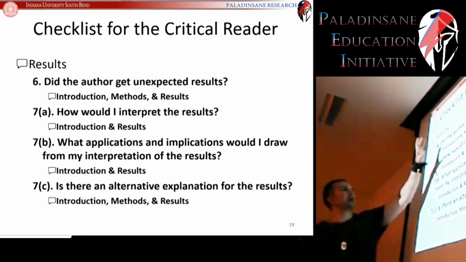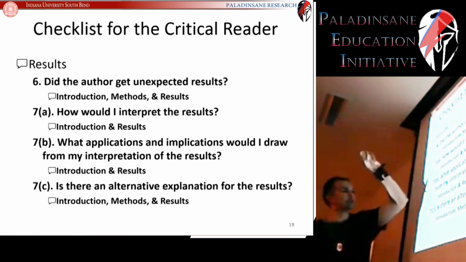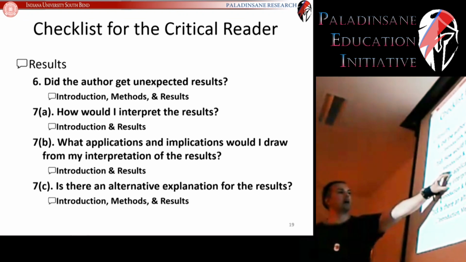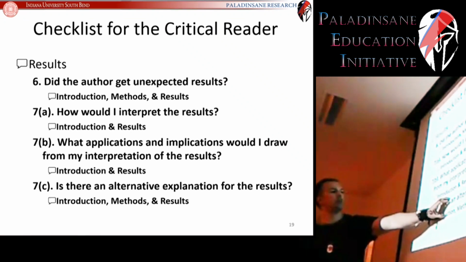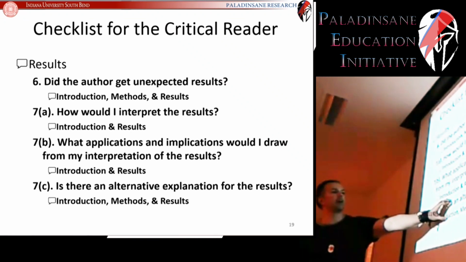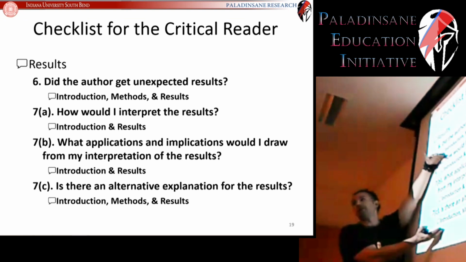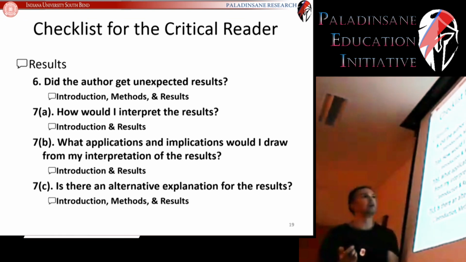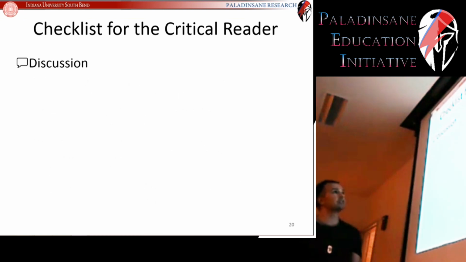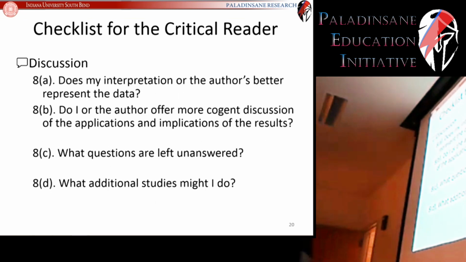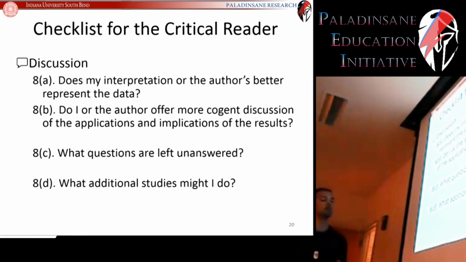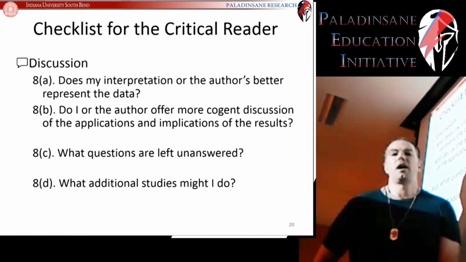And then once you figure out how you would interpret the results, how you would do the applications and implications, how you might identify alternative explanations, basically, when you decide how you would write the discussion section for this paper, then you can go read the discussion section. So does my interpretation or the author's better represent the data?